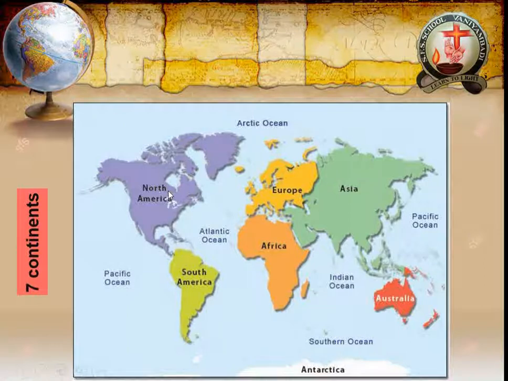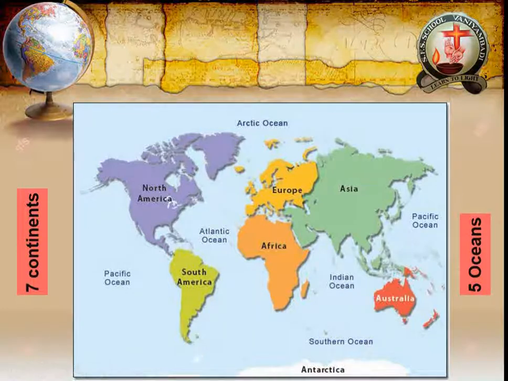Likewise, when the landmass is divided into pieces, as usual, the ocean is also divided. So we have 5 oceans on our planet Earth. The 5 oceans are Pacific Ocean, Arctic Ocean, Atlantic Ocean, Indian Ocean, and finally Southern Ocean.